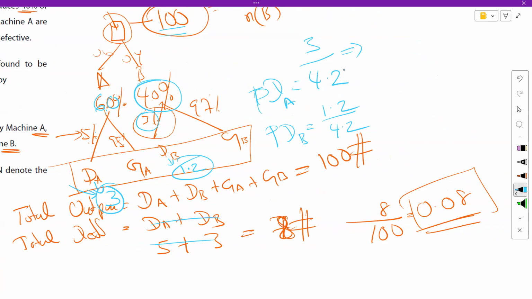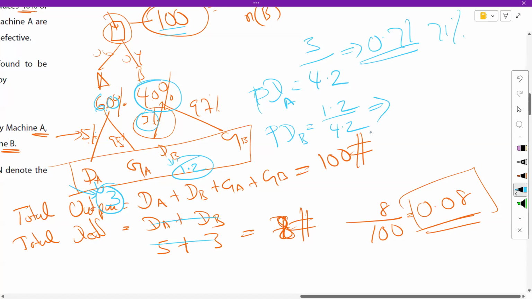What is the probability? 3 over 4.2. 0.71. This means 71%. Here, what is the answer? 1.2 over 4.2. 0.28. So 28%.